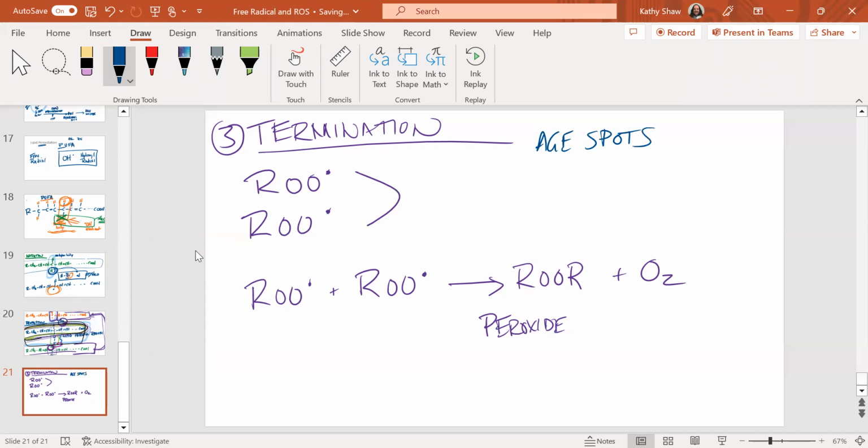Or on a particular standardized test that you're going to take in about a year, we'll call them liver spots. And the liver spots result from lipid peroxidation. There's a pigment in particular that causes them, but age spots is what you're looking for. And it's from the cross-linked lipids, the products of lipid peroxidation.